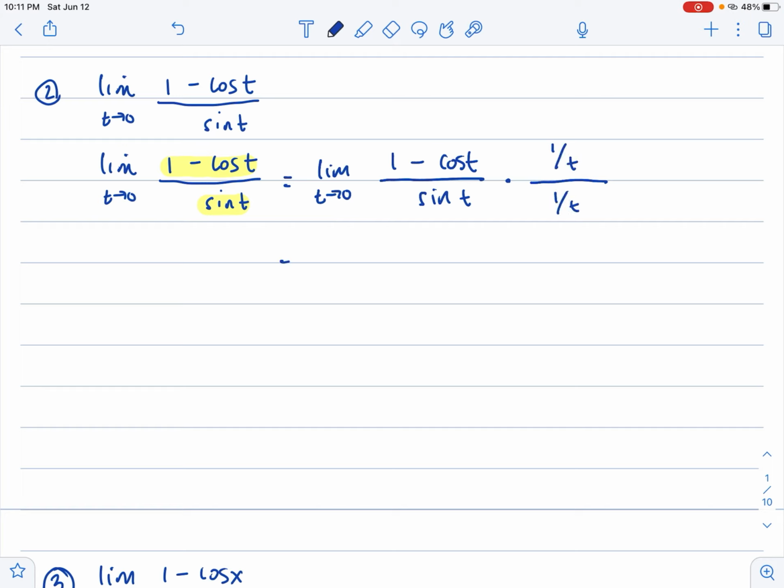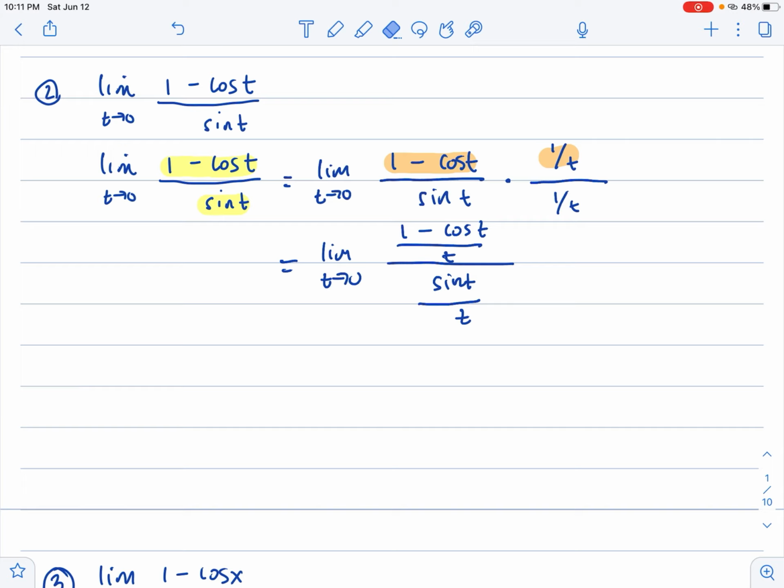So this is equal to the limit as t approaches 0. Pag minultiply natin yung numerators, yung 1 minus cosine t tsaka yung 1 divided by t, that is equal to 1 minus cosine t divided by t. And yung denominator magiging sine t divided by t.